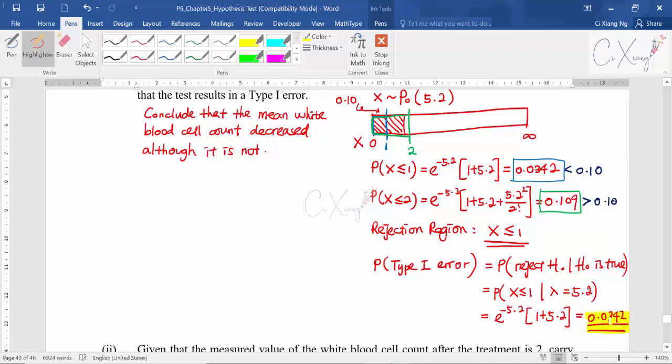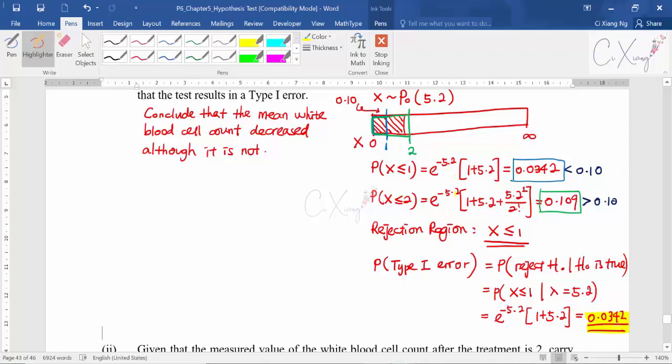But if you realize, this answer actually appeared just now already, when you try to find out the rejection region. You can see x smaller equals to 1, x smaller equals to 1 when the lambda is equals to 5.2. Although the symbol looks different, they actually have the same steps. So your final answer should be the same also, which is 0.0342.